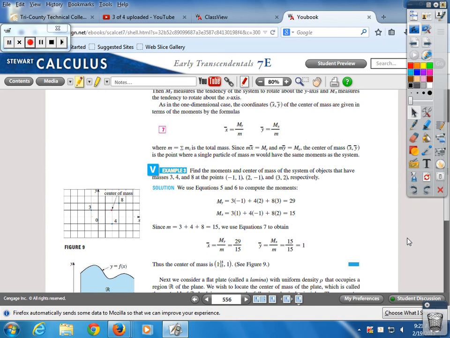Well, what is the moment? No, not the moment. I mean the m right there.